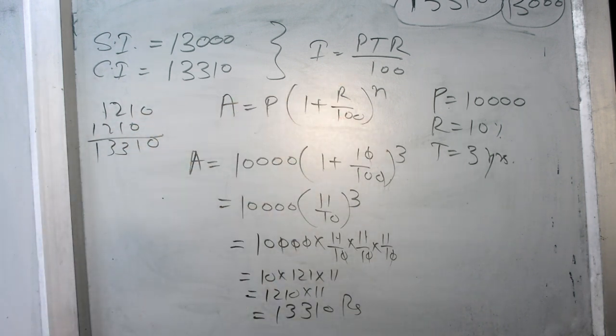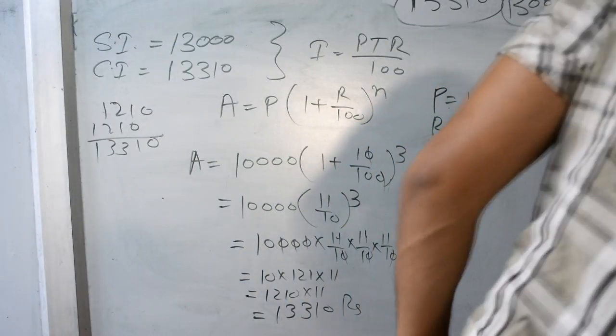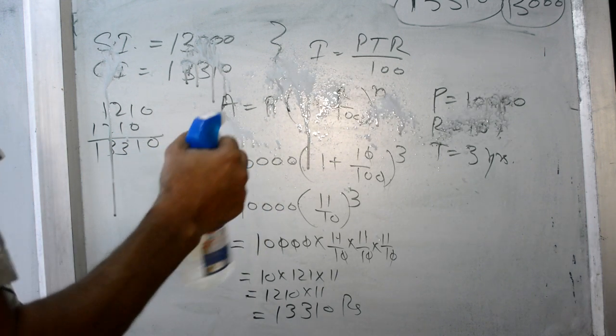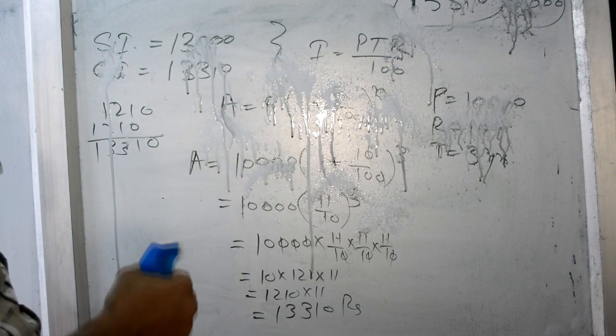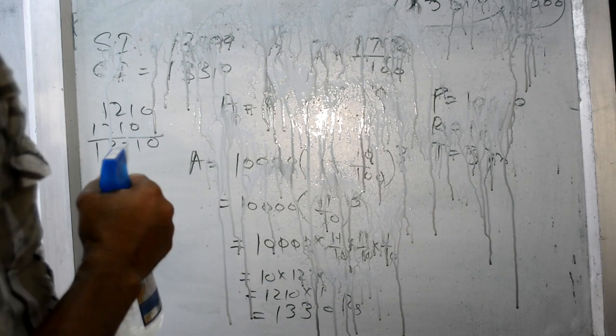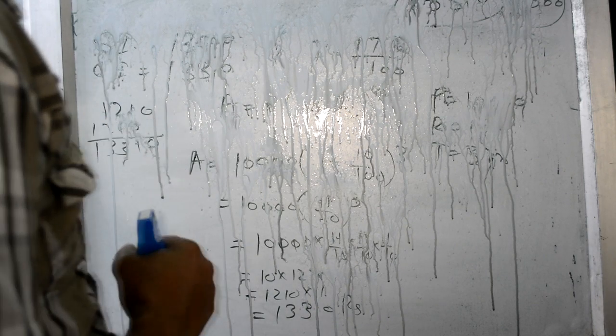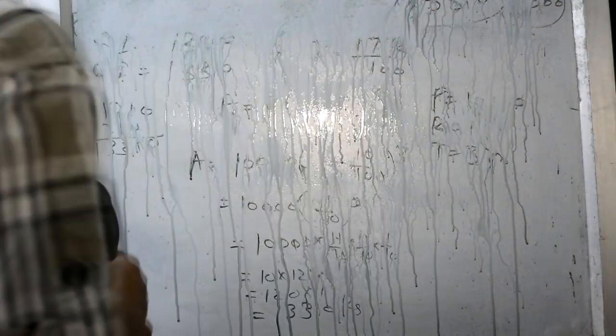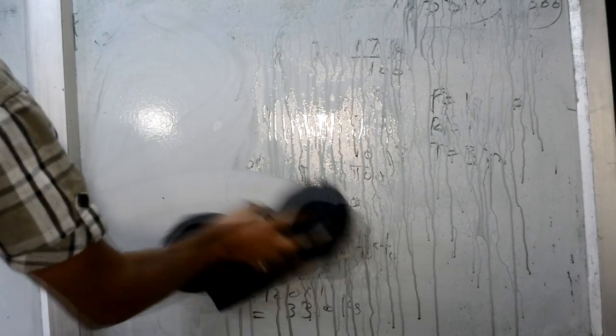So now it will be easier for you to understand how simple interest and compound interest are different, and what happens when we use the formula SI is equal to PTR upon 100, and what happens when we use the formula amount is equal to principal into 1 plus R upon 100 to the power n. As you keep practicing, it will be easy for you to understand the formulas accordingly.